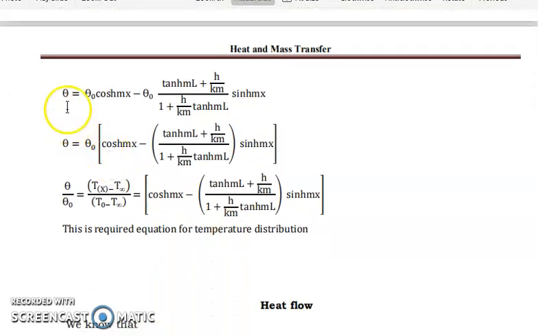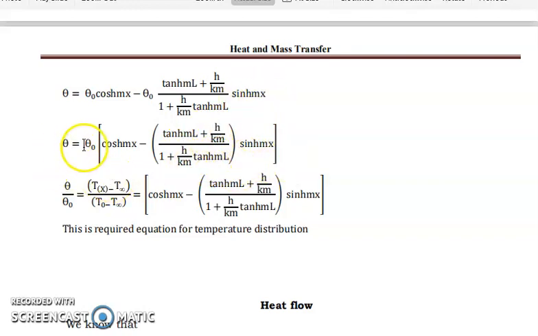Theta naught is common in these two terms, so I can take it outside, and in the bracket we have cosh(mx) minus tanh(ml) plus h by km divided by 1 plus h by km into tanh(ml), into sinh(mx).